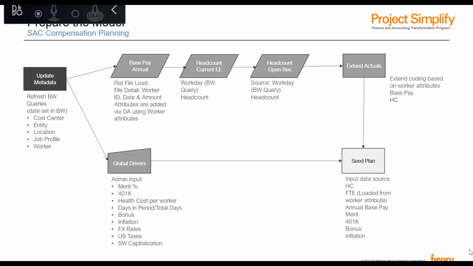In addition, the plan administrator also brings in the actual compensation data, and this is as of the agreed date that is used as the baseline for any given planning cycle. We bring in the base compensation as well as the bonus entitlement, target bonus information at a named employee level.